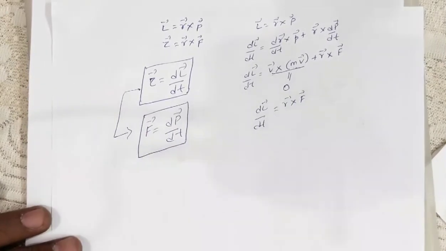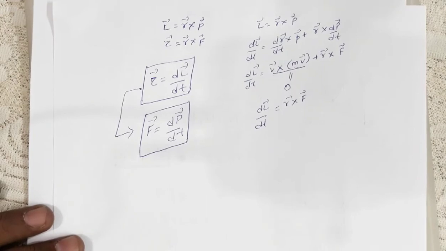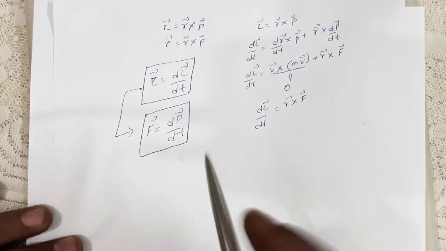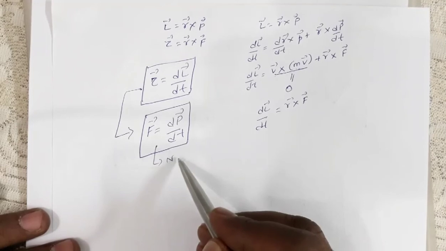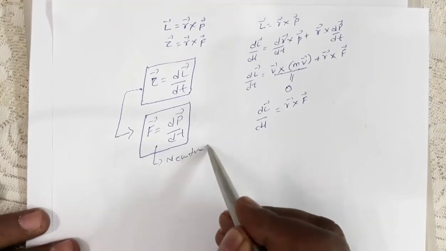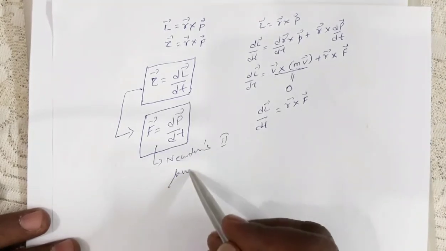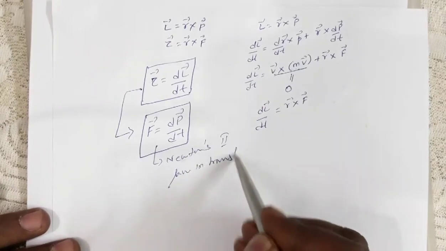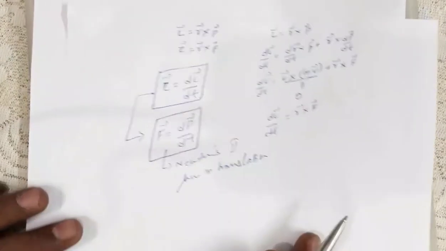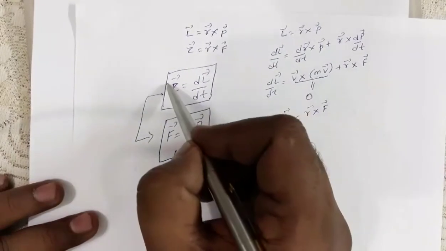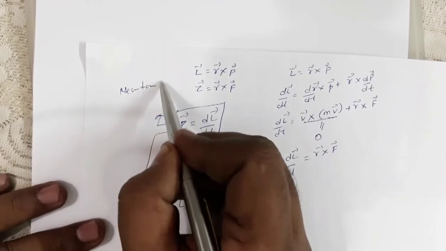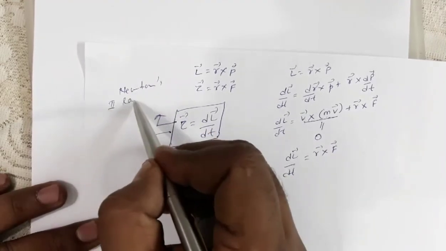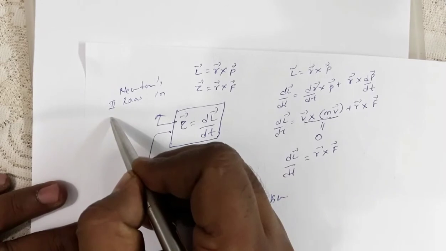So similarly we have torque equal to rate of change of angular momentum. So we can say that this is Newton's second law in translation. And similarly we can say that this is Newton's second law in rotational motion.